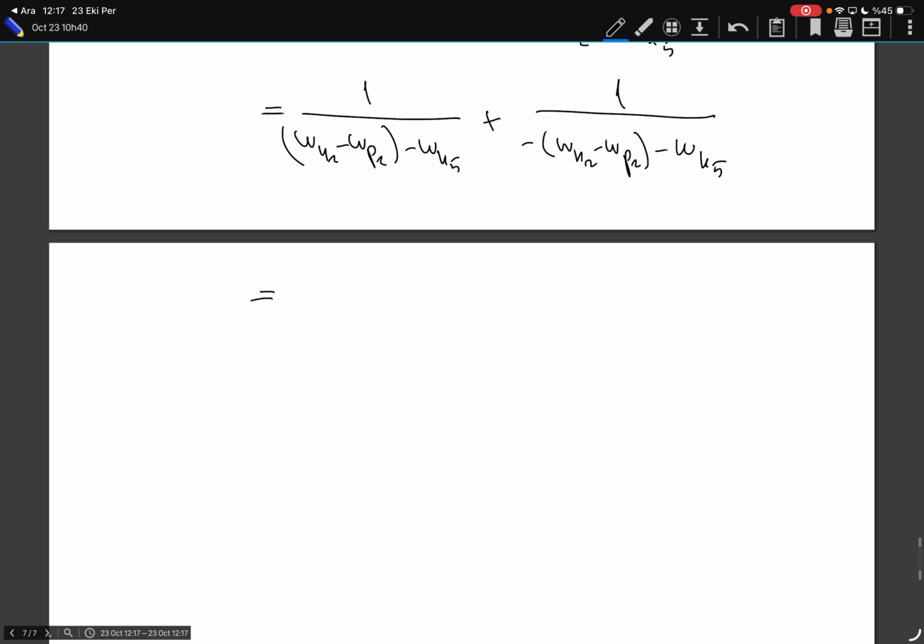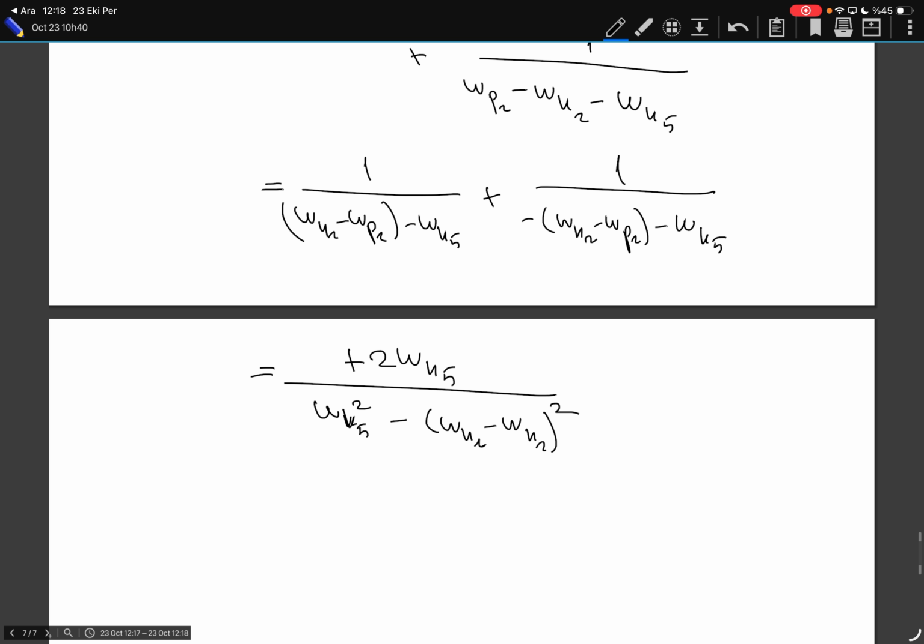So when I sum those two terms, I will end up having minus twice omega K5 divided by, now let me just take that minus also out, omega K5 squared minus omega K2 minus omega P2 squared. K2 P2, sorry.